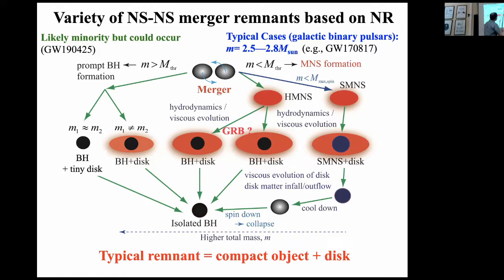On the other hand, if the mass is not very high, then at least temporarily a very massive neutron star, a so-called hypermassive neutron star, is formed. But the hypermassive neutron star eventually collapses to a black hole because of cooling and angular momentum transport. After the merger it is rapidly rotating, which is one of the important elements to sustain the gravity of a massive neutron star.